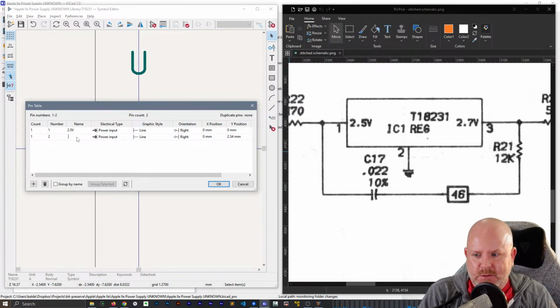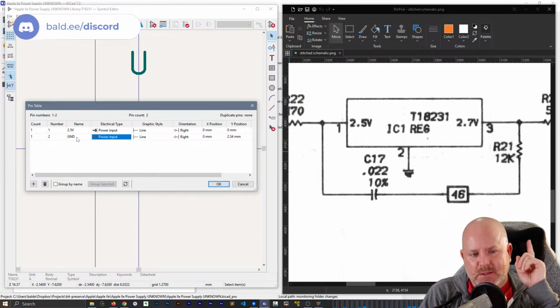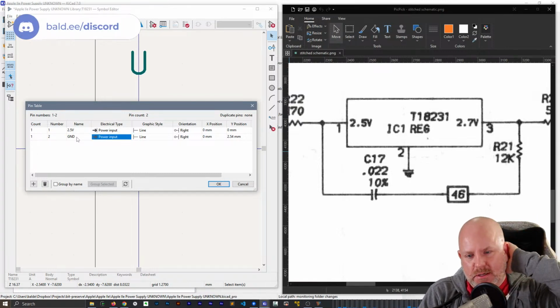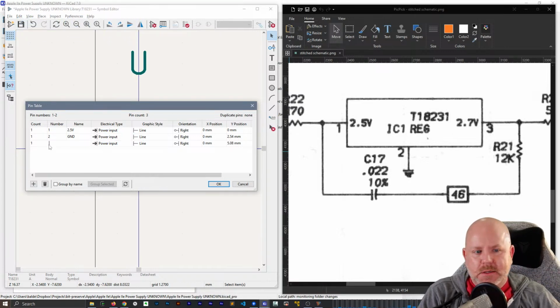And I'm going to call this one ground. This will also be a power input because there is a power supply connector where the power output will come from. And then pin 3 is 2.7 volts.